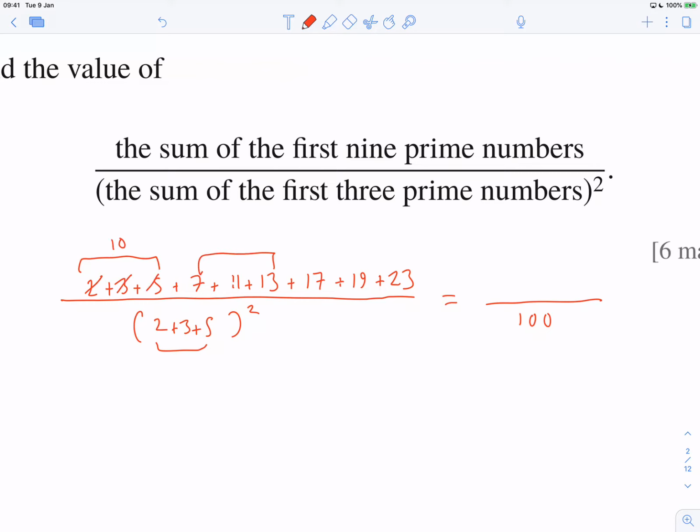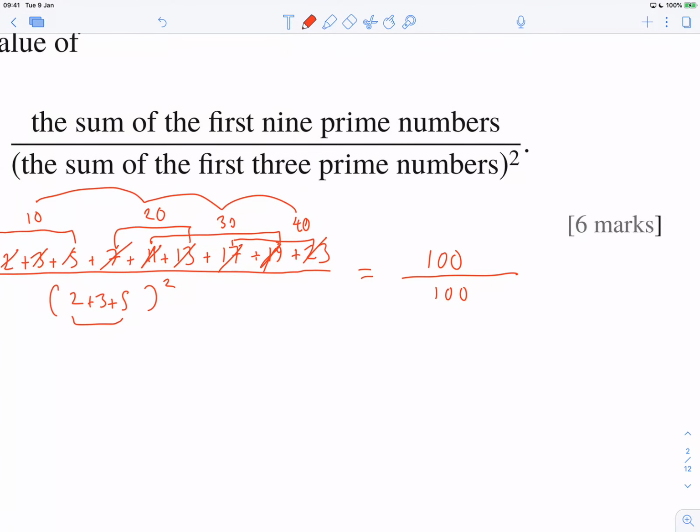I know that 7 and 13 make a 20, so I can cross them off. I can see that an 11 and a 19 make 30, so I can cross those two off. And then a 17 and 23, I believe, make a 40, so I can cross those off. I've got a 10, 20, 30 and a 40, which is 100, I believe. So we've got 100 over 100, so the answer is 1.